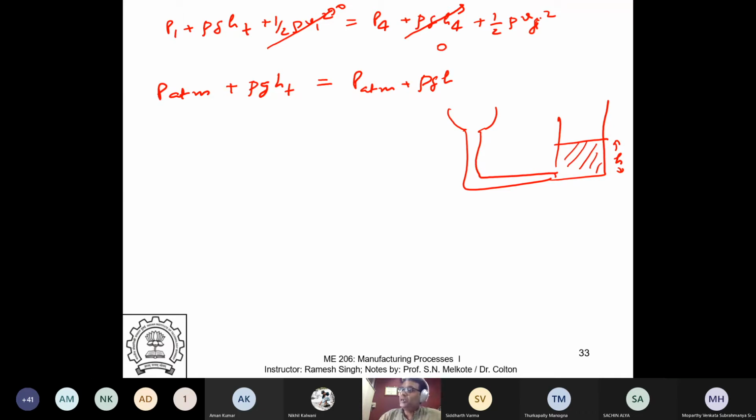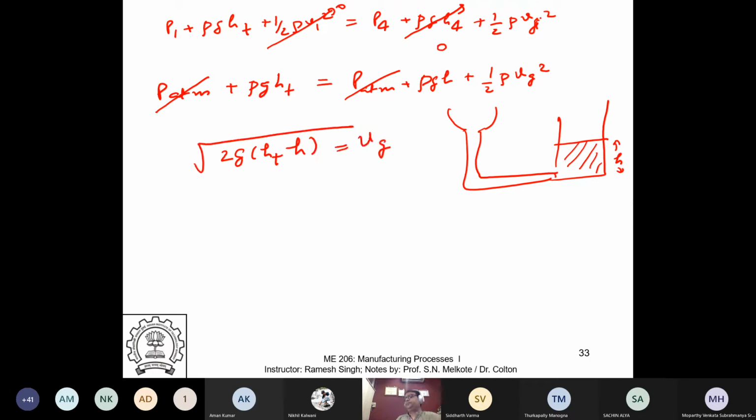So this will be rho GH plus half rho Vg square. P atmosphere will go away. P1 is P atmosphere. So you have root 2G (HT minus H) equal to Vg.